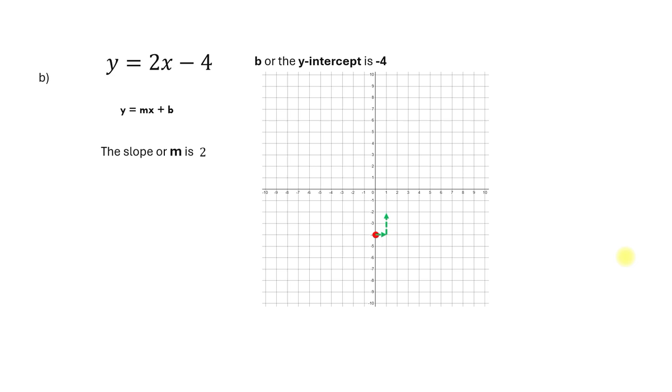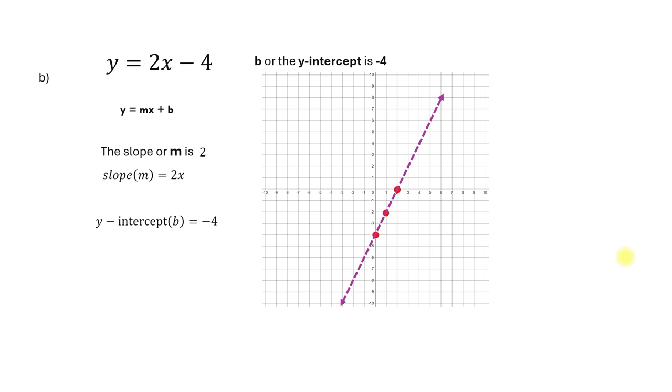And then we arrive at a point that we can plot. Run of 1, rise of 2. Plot that point. Connect the coordinates. And that's what our graph of 2x minus 4 looks like, with a slope of 2 and a y-intercept of -4.